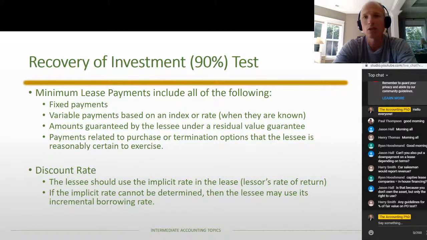Basically, they estimate how much it would cost them to borrow the money to buy this asset. That rate obviously is not known, but they probably can make a reasonable estimate of that. Again, you use the implicit rate unless that implicit rate cannot be known. If it cannot be known, then you can use the incremental borrowing rate. So you can see there's judgment there as well in terms of the discount rate.